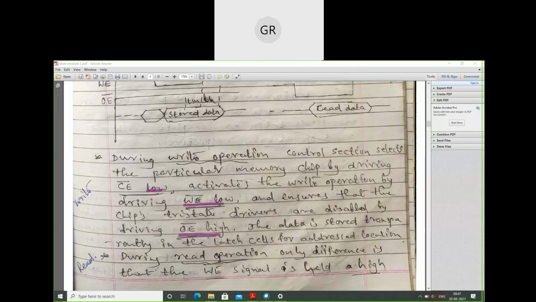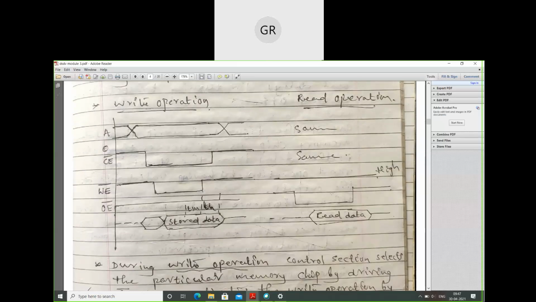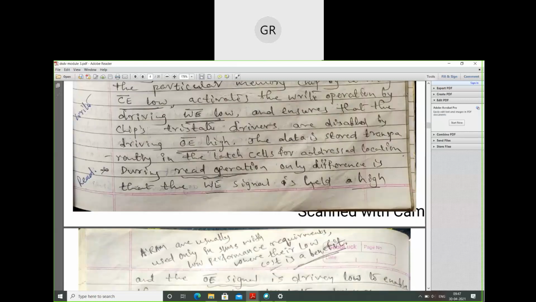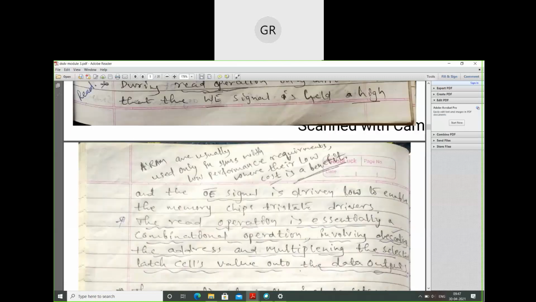During the read operation, what is the only difference? WE bar is high, OE bar is low. That is the difference here. In the read operation, the only difference is that the WE bar signal is held high and the OE bar signal is driven low.